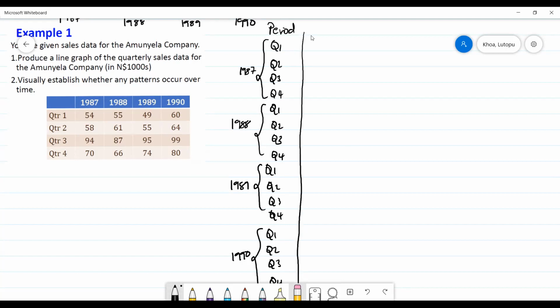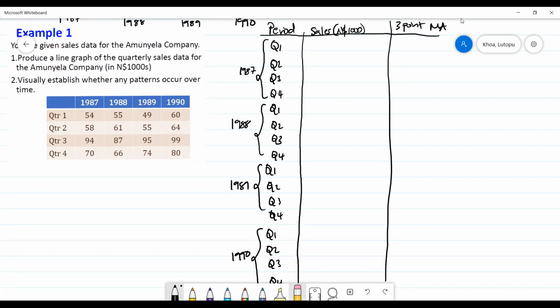This is our sales, which are in thousands of dollars. And then the next column, we will have our 3-point moving average. Okay, so we write down the sales. We have 54, 58, 94, 70.